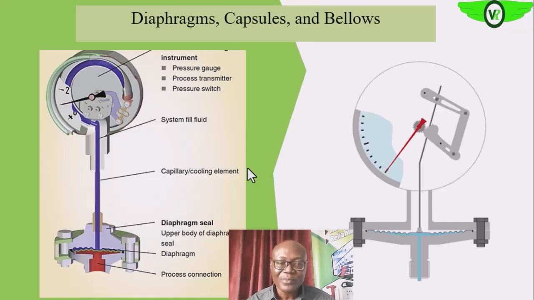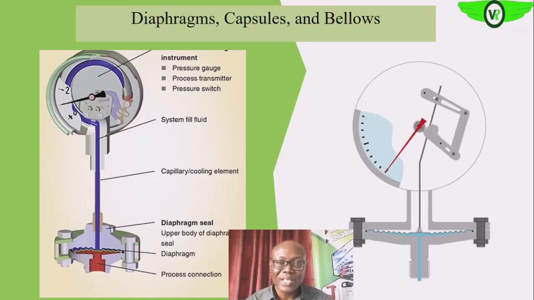So the diaphragm is basically made up of a very light membrane that is capable of stretching when subjected to high pressure. It's just like the diaphragm that is separating the thorax from the abdomen in humans.